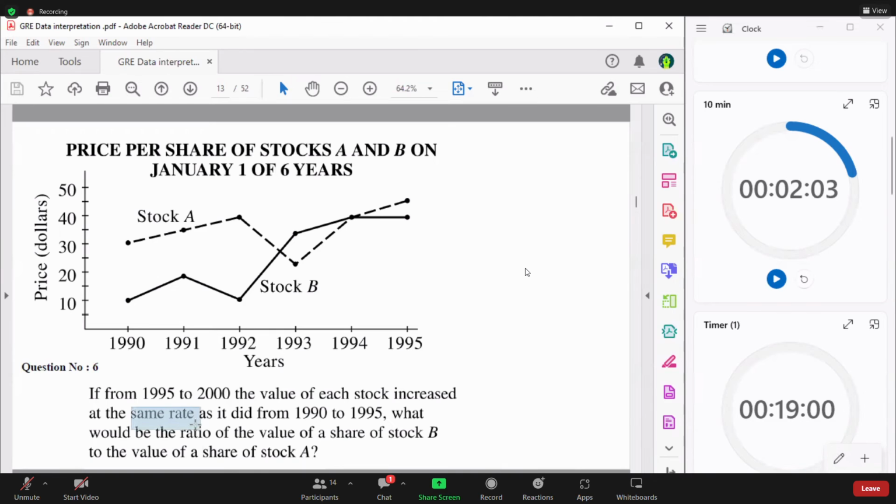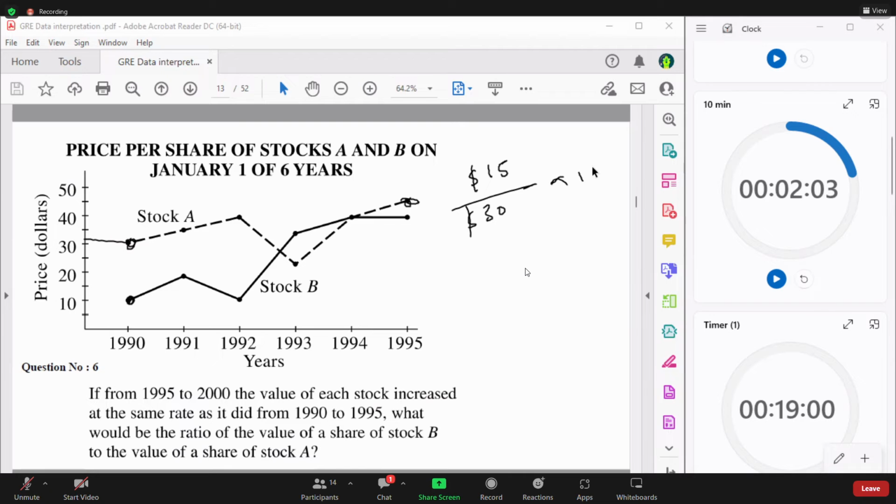What is the rate of increase from 1990 to 1995? $3 per year? No. Stock A from 1990 was $30, and it increased to $45. It increased $15 from $30 over 5 years.